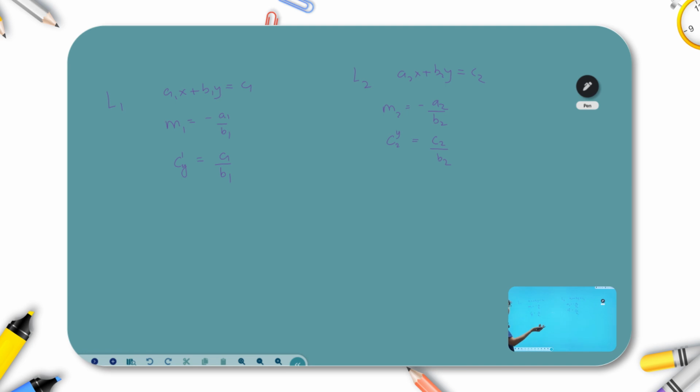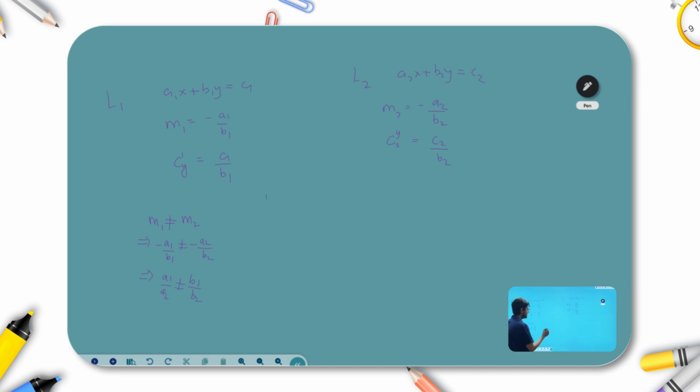Now, for one solution, since the lines are not parallel, m1 not equal to m2, that will give me minus a1 by b1 not equal to minus a2 by b2, that will give me a1 by a2 not equal to b1 by b2.